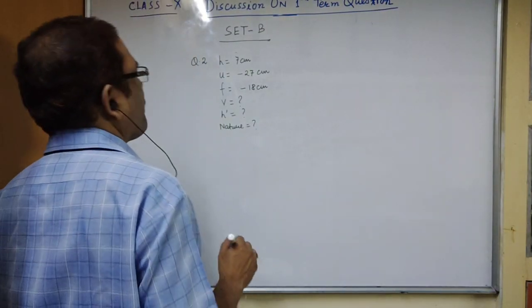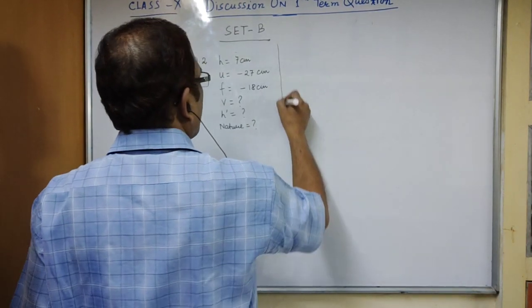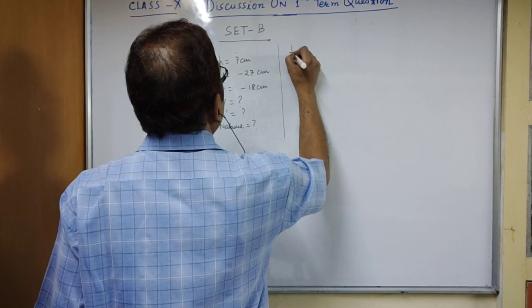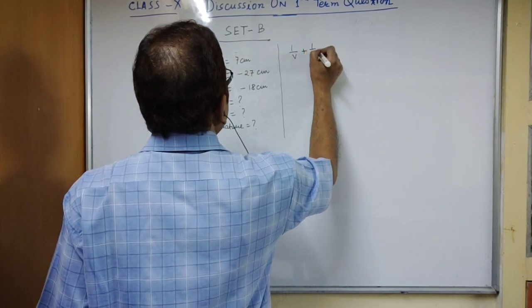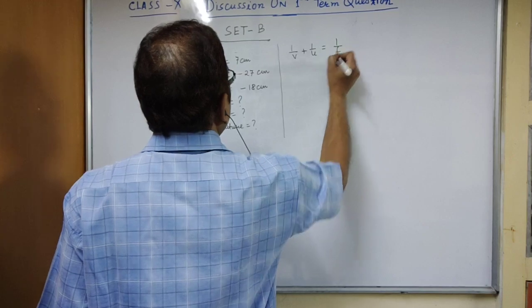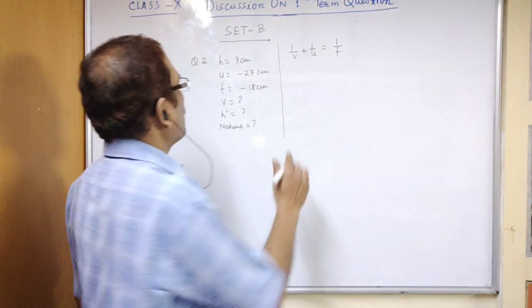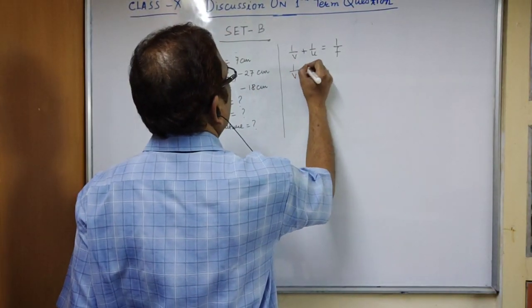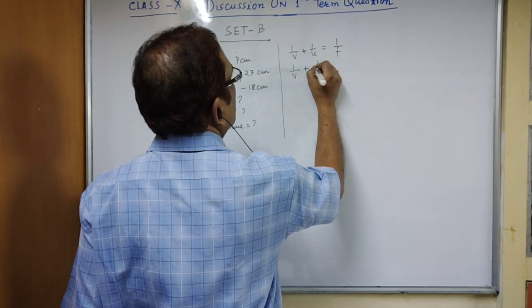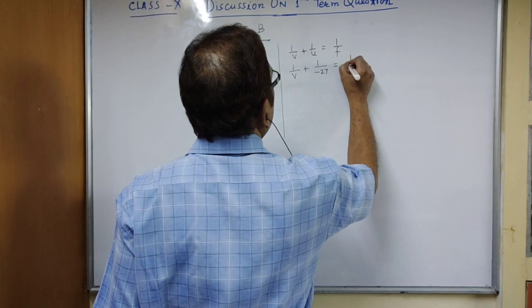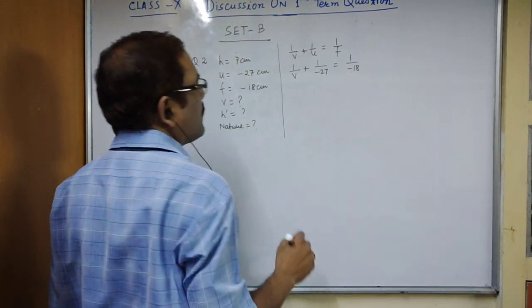Okay. So we will use the mirror formula to calculate v. So 1 by v plus 1 by u is equal to 1 by f. v we have to calculate. u is minus 27 and focal length is minus 18.